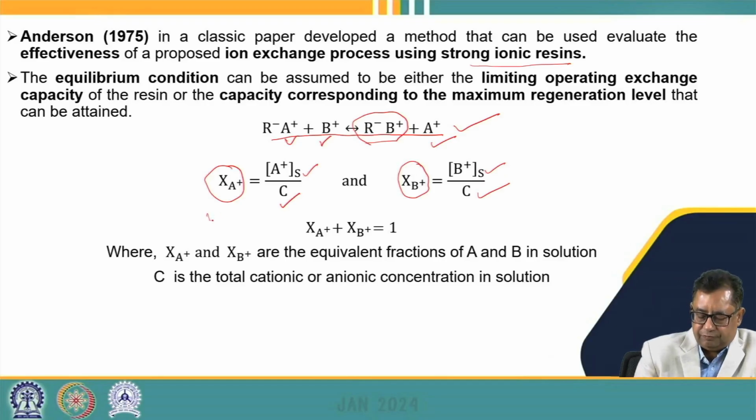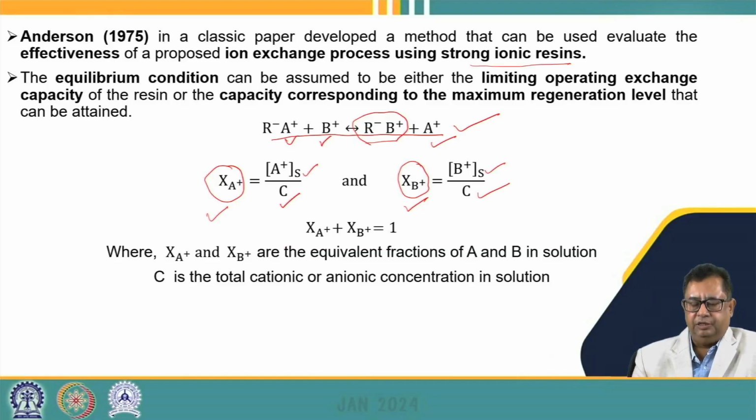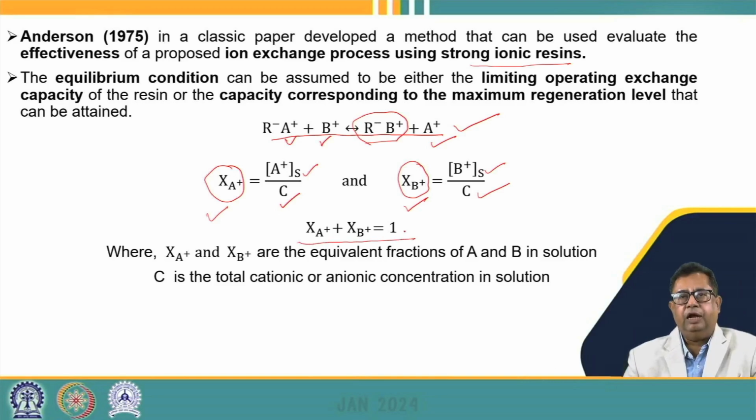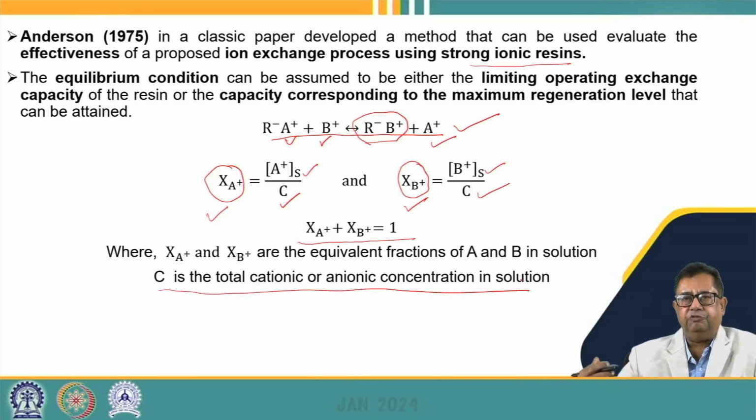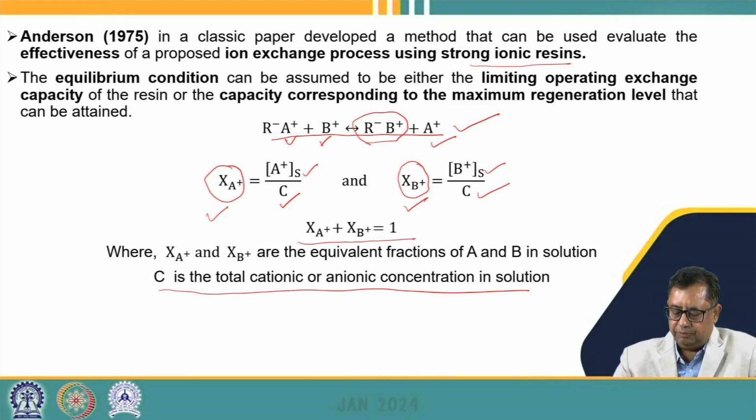If we add the fraction of A and the fraction of B, and these two ions are the only ones present, then the sum is equal to 1. So here C is the total cationic or anionic concentration in the solution, whichever we are interested in. For example, in this case, we are talking about the cations.